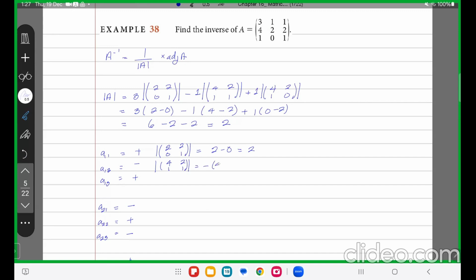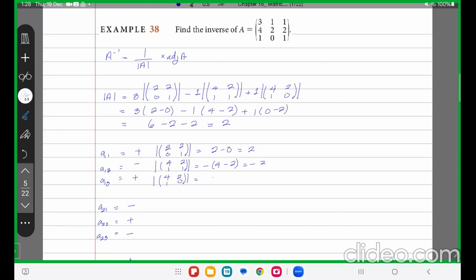Minus 4 minus 2, which is minus 2. 4, 1, 2, 0.